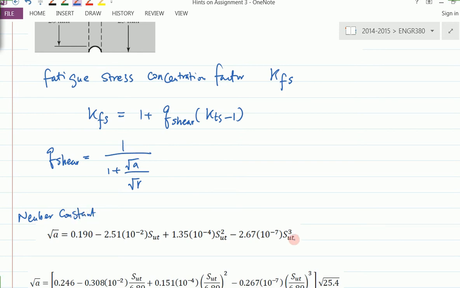There are two different formulas for the Neuber constant: one is equation 6-35a, the other is equation 6-35b. This is equation 6-35b, and this equation is used for torsional loading. 6-35a is for bending loading.